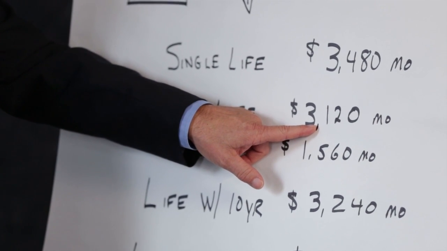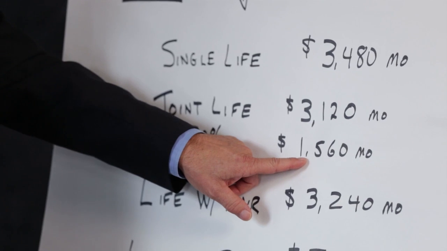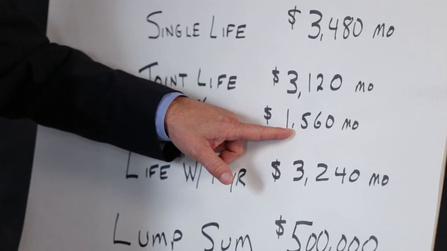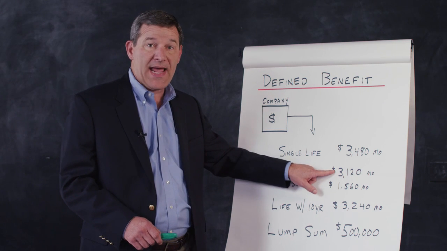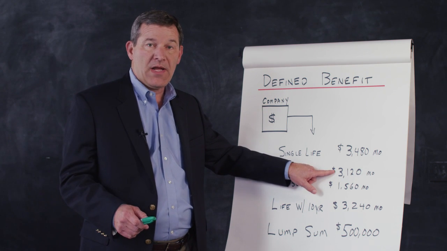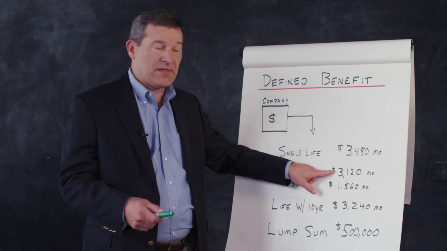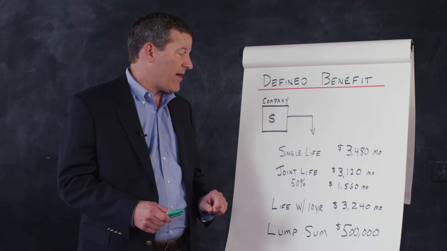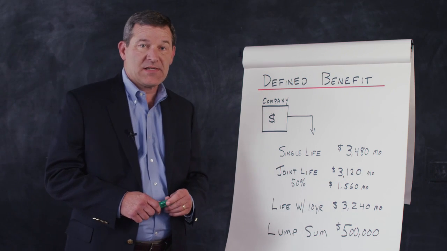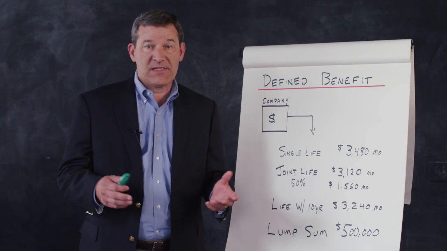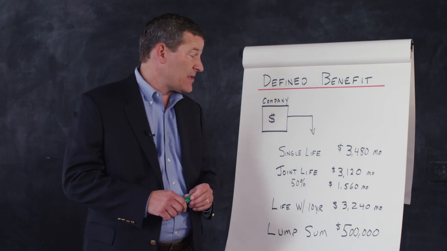However, if you die, your spouse will then get $1,560 for the rest of his or her life. So you're taking a little less in the initial benefit. However, if you pass away, your spouse gets half. Sometimes this is 100%, sometimes it's 60%.